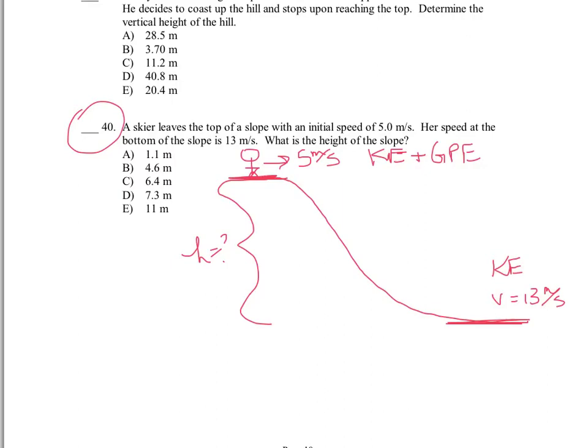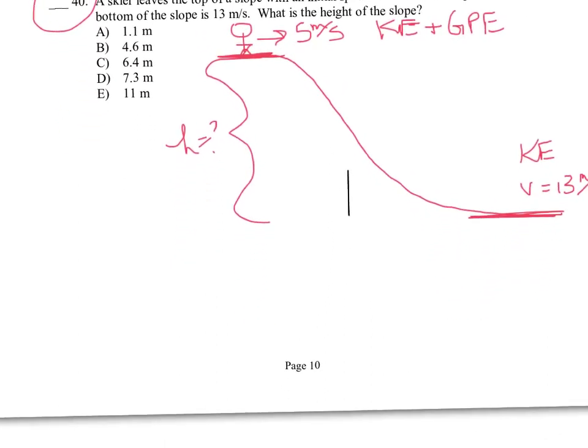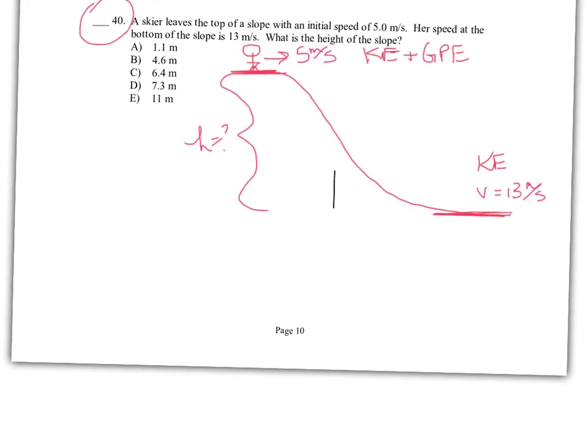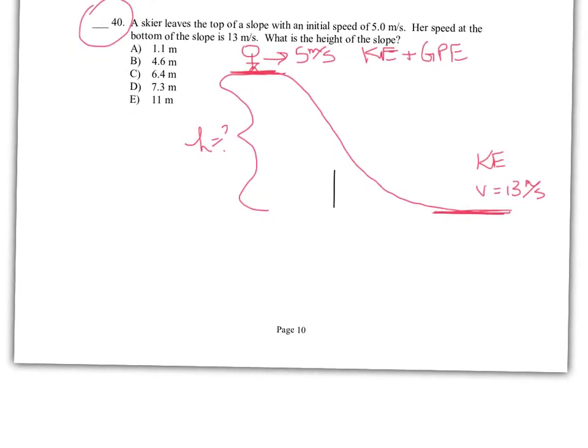So we know we have kinetic energy plus gravitational potential energy at the top is equal to the kinetic energy at the bottom.